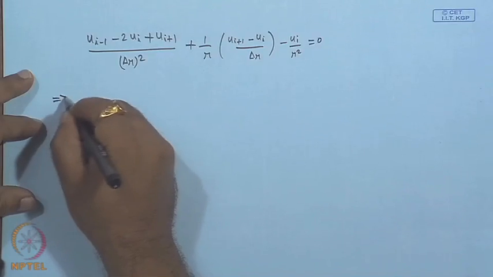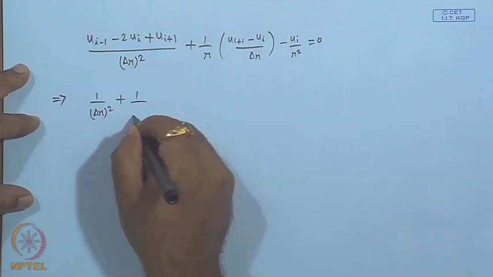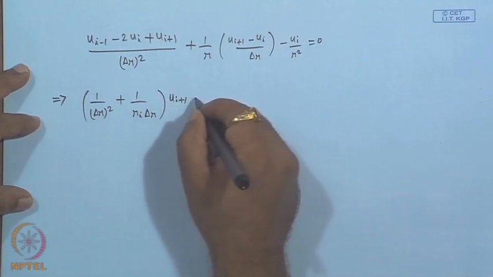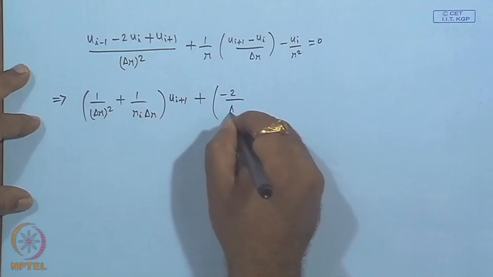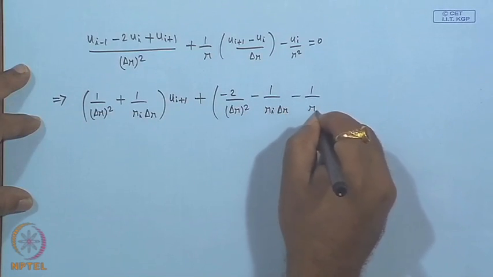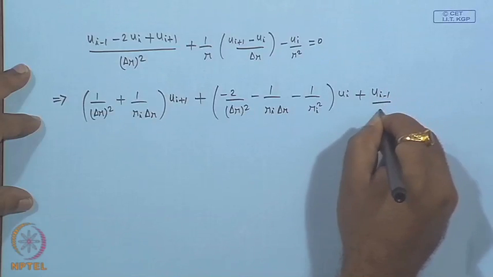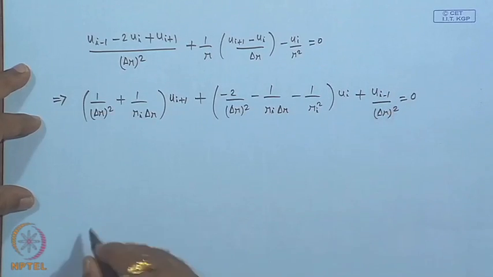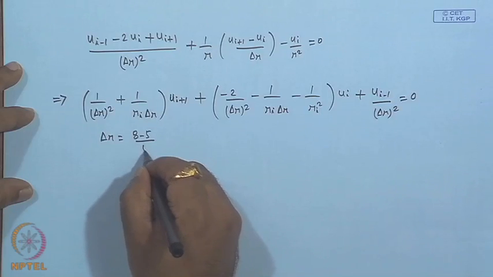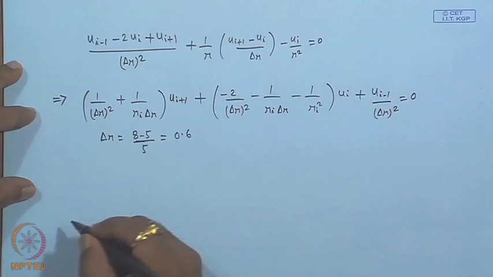Now this can be written by collecting the coefficients. And delta r is b minus a by 5, 6 nodes, so 5 intervals. So, this will be 0.6.